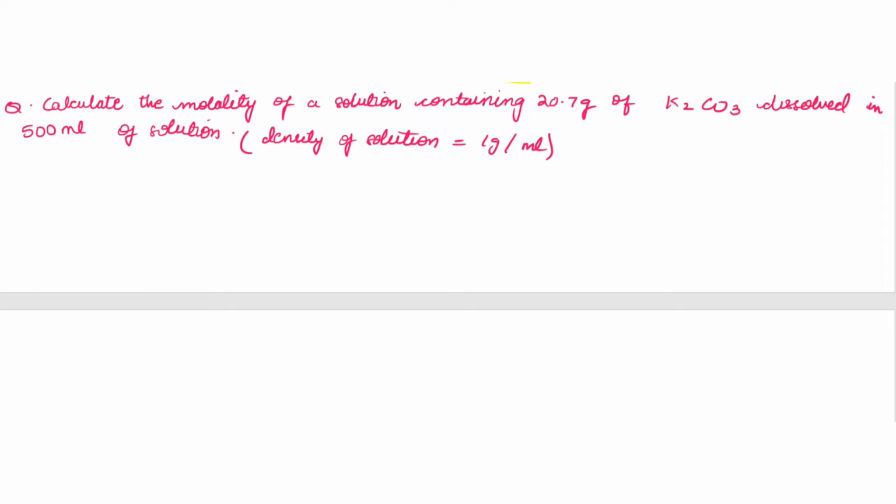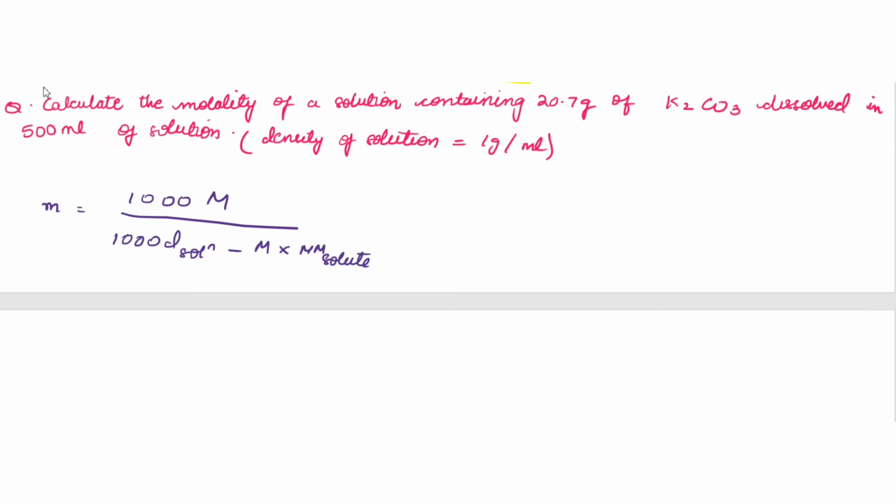With this one formula, the entire problem gets solved, and even the density of solution is given in the question. So what is the formula relating the capital M and small m? Small m is equal to 1000 M by 1000 d minus M into MM of solute. This is what we learnt, isn't it?